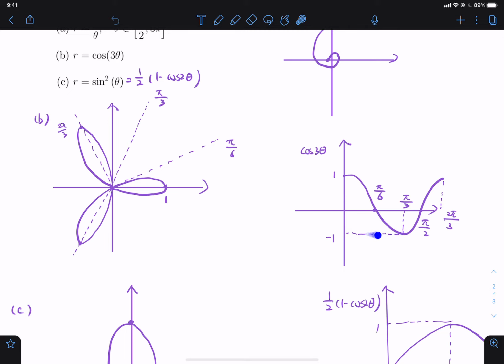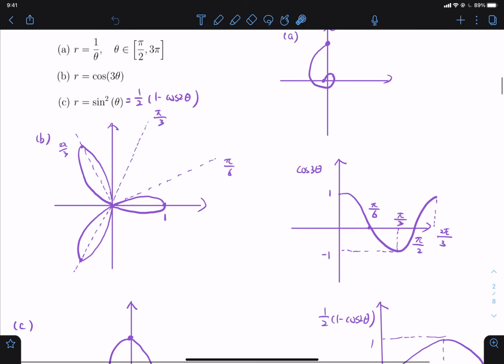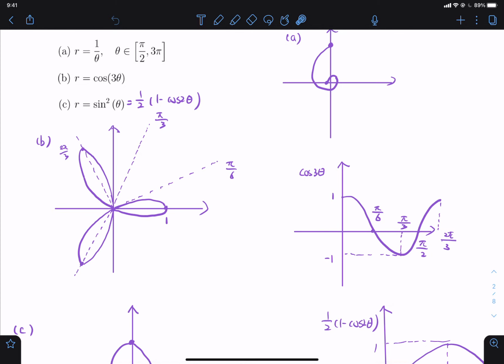And the greatest distance here is negative 1. So we can use this Cartesian curve to plot our polar curve. We know that we start at 0, right? Theta equal to 0 corresponds to this x-axis here, and you have distance 1, so you start here.